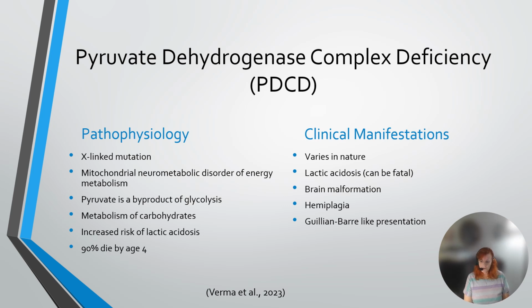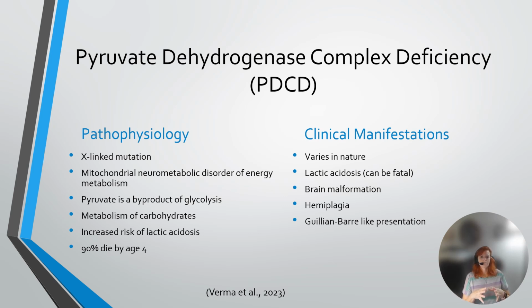All right, the next one we're going to talk about is pyruvate dehydrogenase complex deficiency, PDCD. And just to go back a little bit with our enzymes and another quick review, if you see anything with ACE at the end of it, that's an enzyme. So just a little quick refresher of a little bit of biology type stuff. All right.